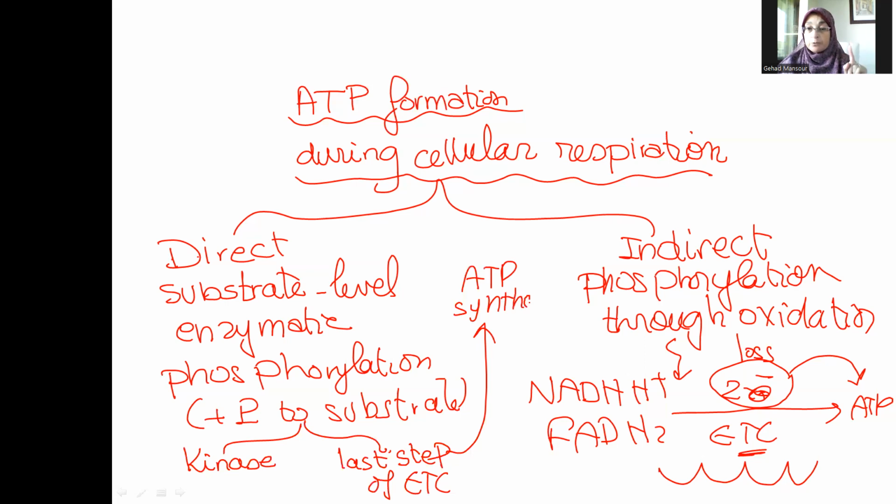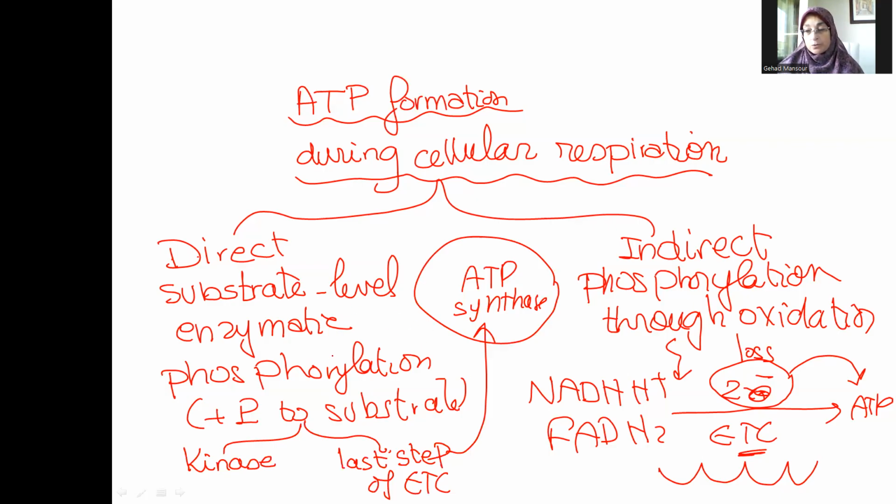So it's very important to understand that although ATP synthase is the last step of the whole process of oxidative phosphorylation, yet ATP synthase on its own does the reaction of direct substrate phosphorylation.